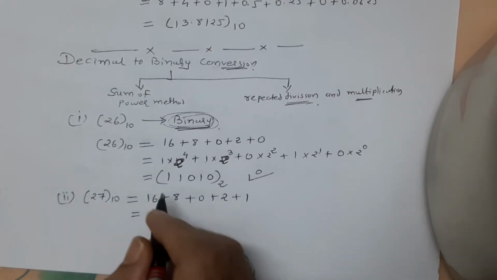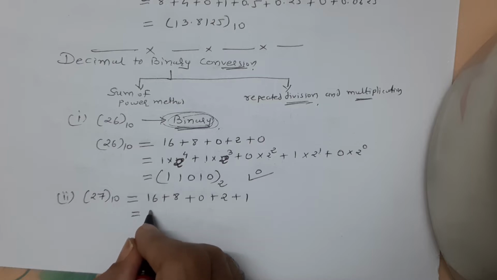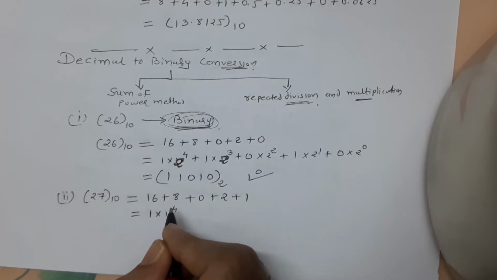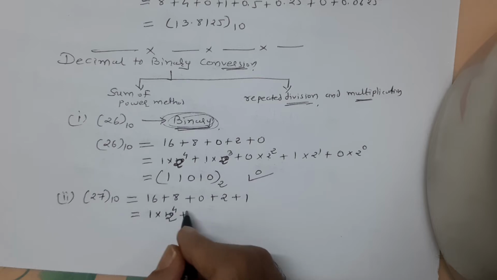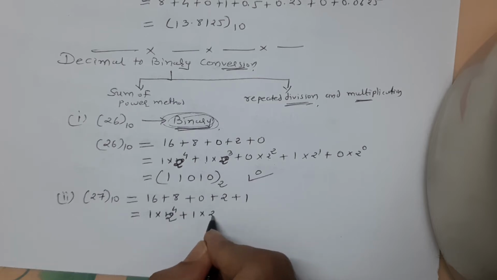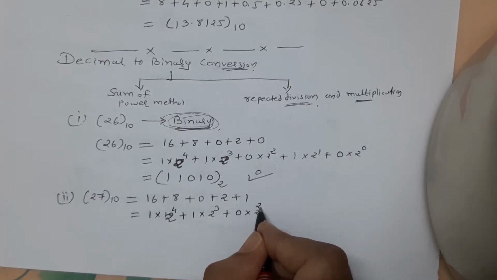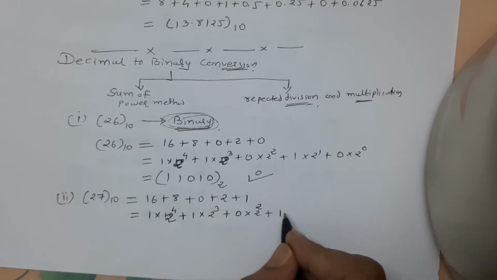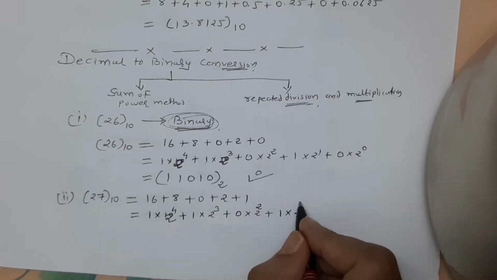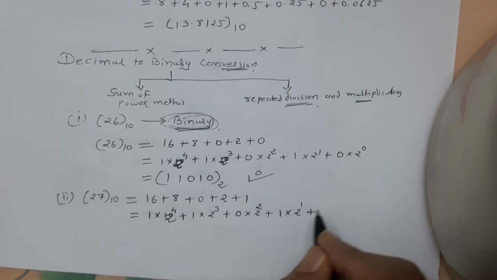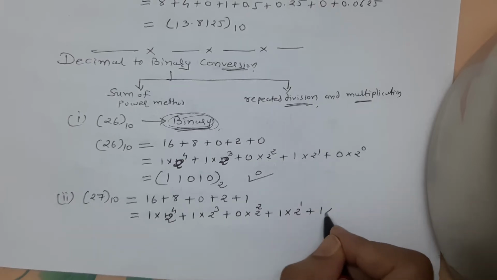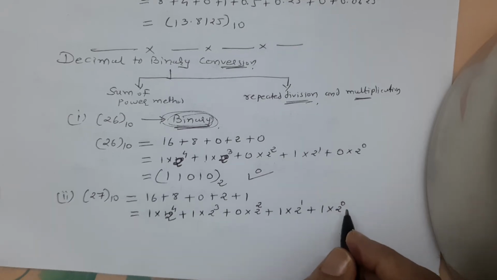This is equal to 1 into 2 raised to 4, plus 1 into 2 raised to 3, plus 0 into 2 raised to 2, plus 1 into 2 raised to 1, plus 1 into 2 raised to 0.